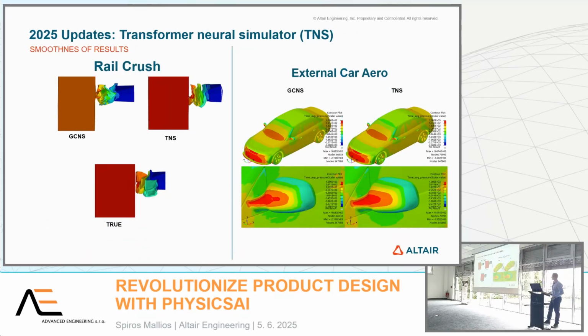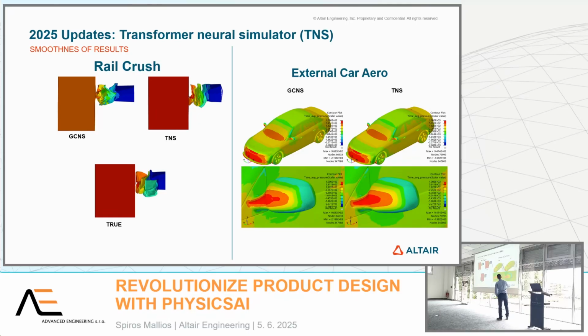So for 2025, I'm going to show two slides that show the updates versus the previous releases. In any case, you haven't used it already, but in case you start using it now, compared to last year, there is a new neural network architecture behind PhysicsAI, which is called Transformer Neural Simulator.